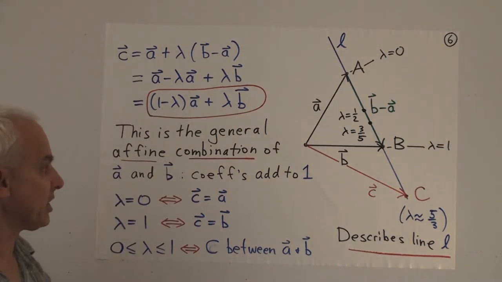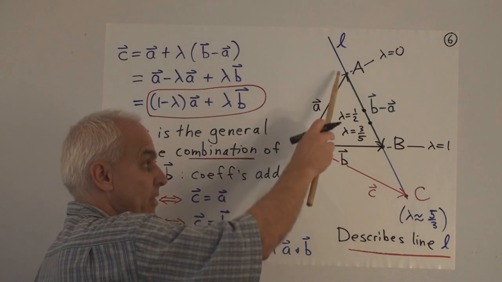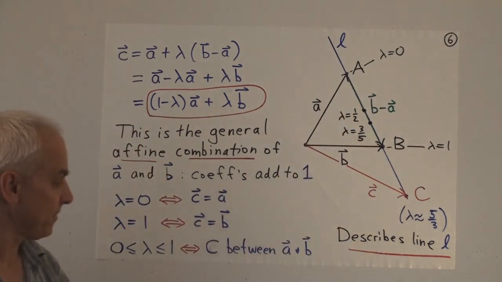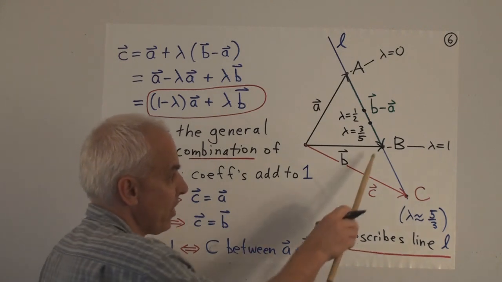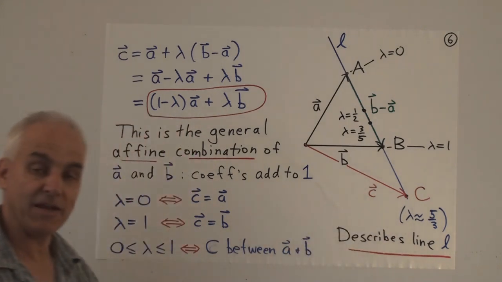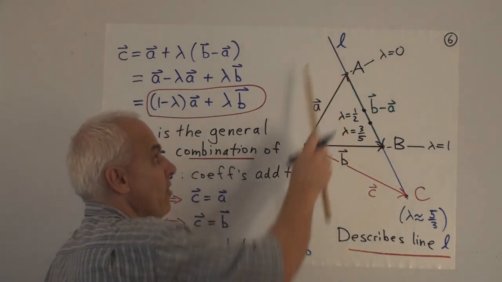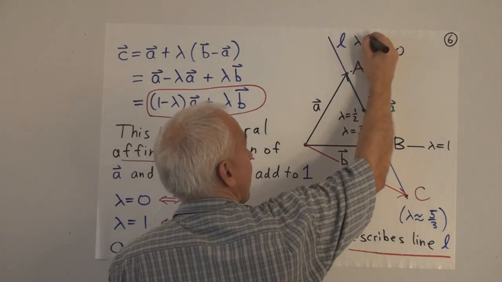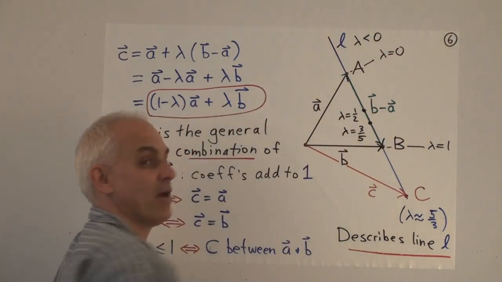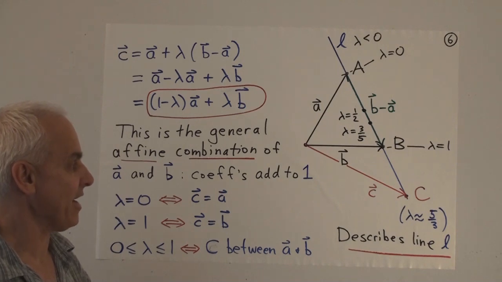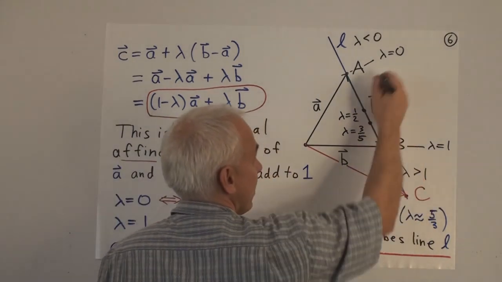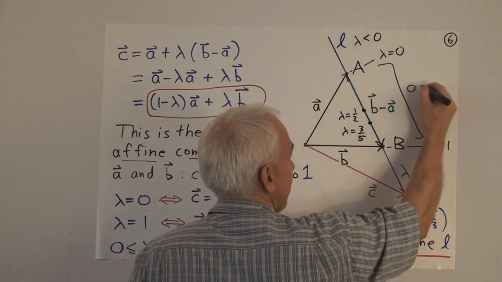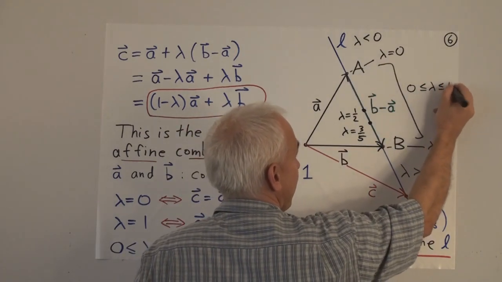If lambda is between 0 and 1, then we're talking about something between A and B. If lambda is bigger than 1, then we're on this side. And if lambda is less than 0, over here, then we're talking about on that side of A on the line L. So here is lambda bigger than 1. Here in this range, that's lambda between 0 and 1.